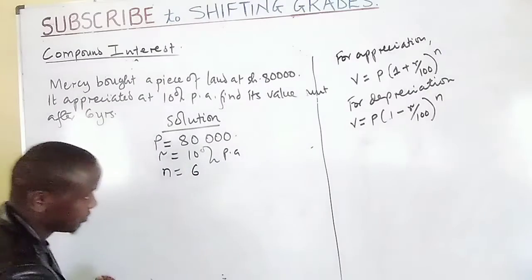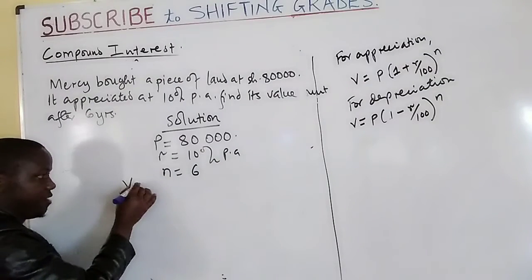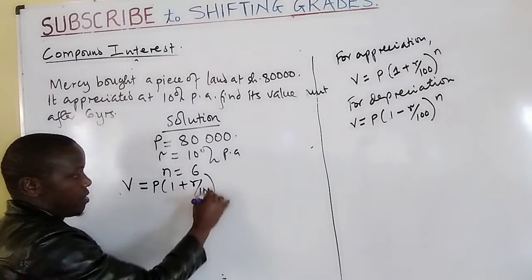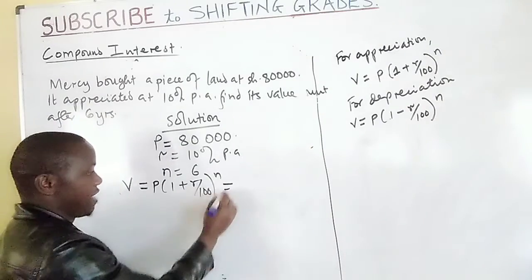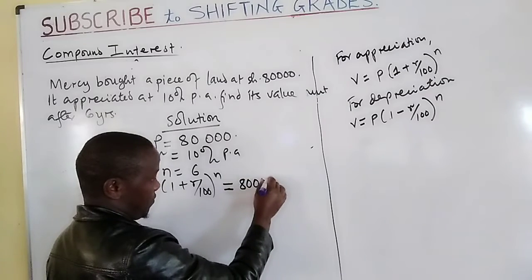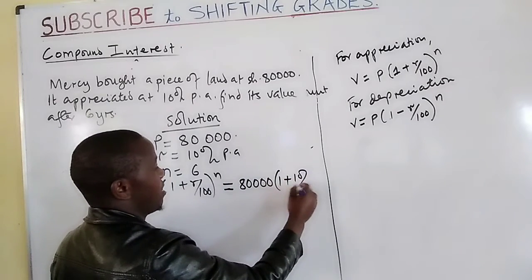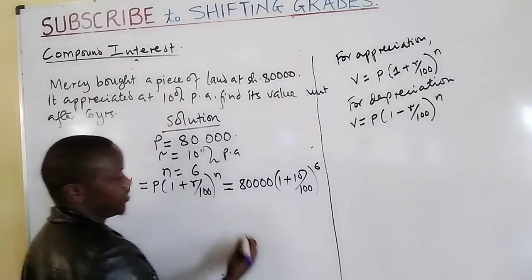Therefore, the new value is given by principal into 1 plus rate, because it's a percentage, rate over 100. Therefore, we shall have 80,000 into 1 plus a rate of 10%, then everything raised to 6, which is n.